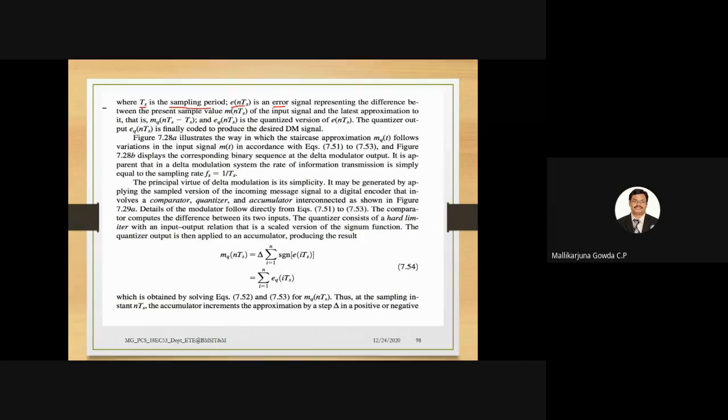That will be the difference between the present sample, m of nTs, of the input signal and the latest approximated signal, mq of nTs minus Ts. Then eq of nTs is the quantized version of e of nTs. Then I said the quantizer output eq of nTs will finally be coded to produce the delta modulation signal.